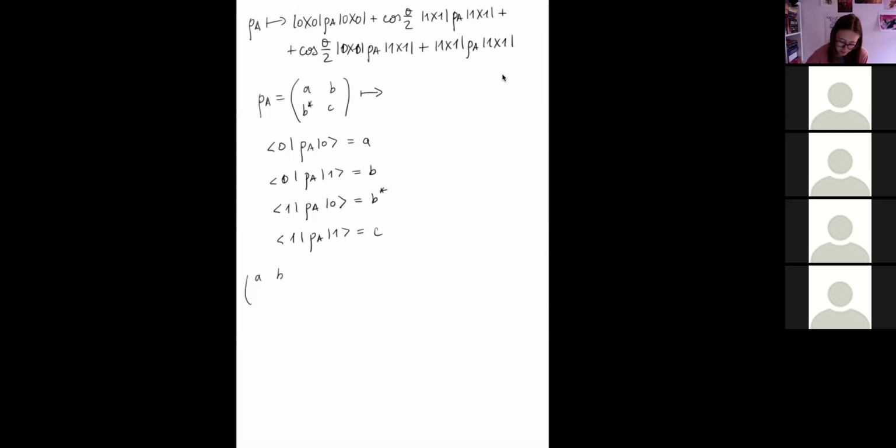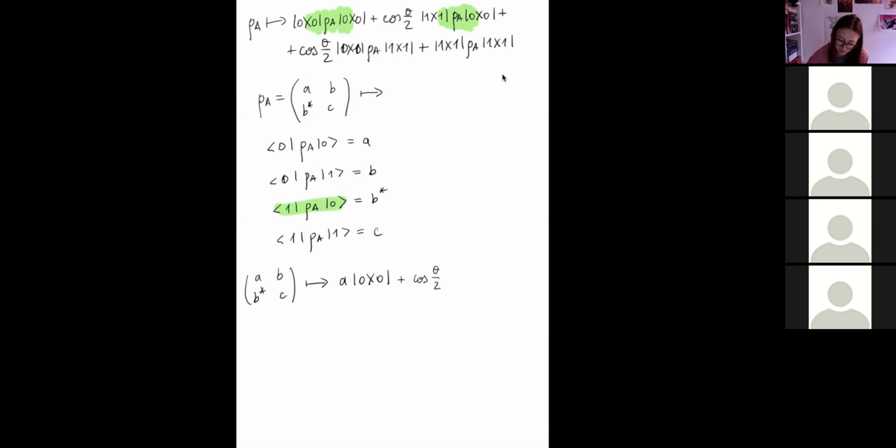So suppose that we start with the state which is described by this matrix. Then what we get here is A, 0, 0, because we just substitute our element of the matrix A, plus cosine theta over 2. And again, I drew some 1s instead of 0s. So now for this term, we just need to take the element of the matrix, which is B conjugate.